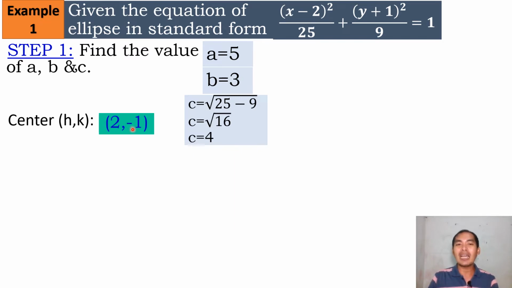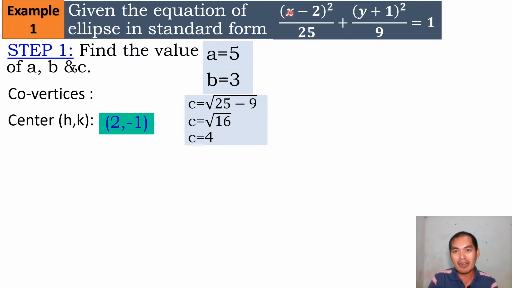Now, we will apply here a technique on how to get the value of the vertices, the co-vertices, the foci, and the endpoints of the latus rectum, so that you will remember it easily. Now, let's proceed first to the co-vertices. How to get for the co-vertices? Remember that the leading variable here with the bigger denominator is x.